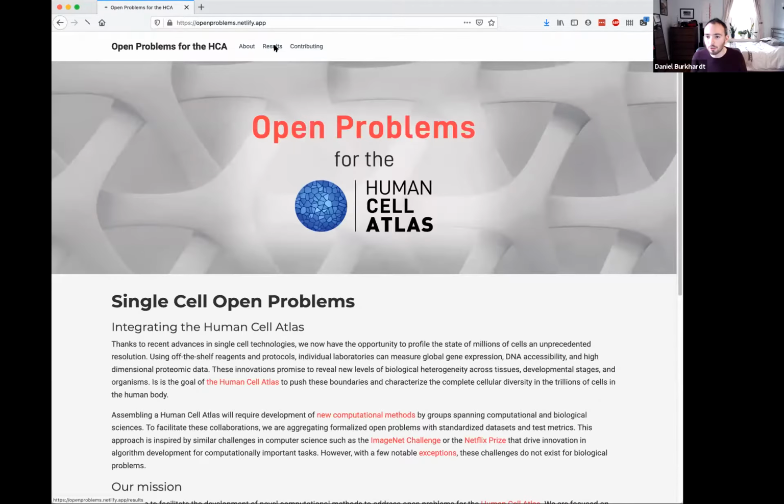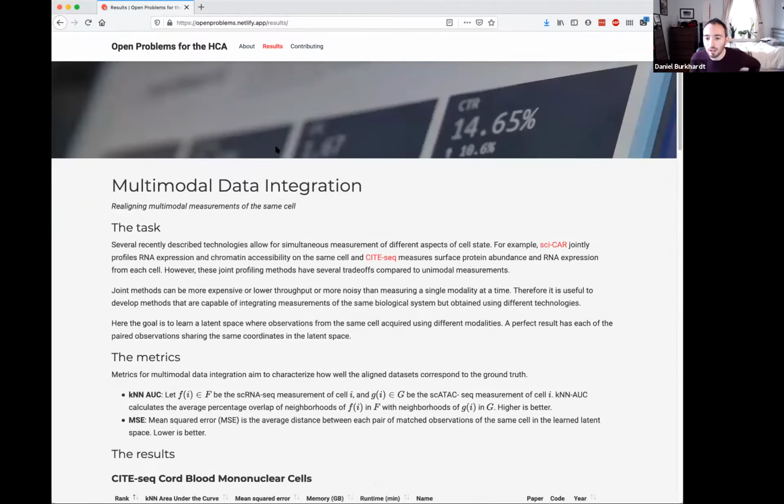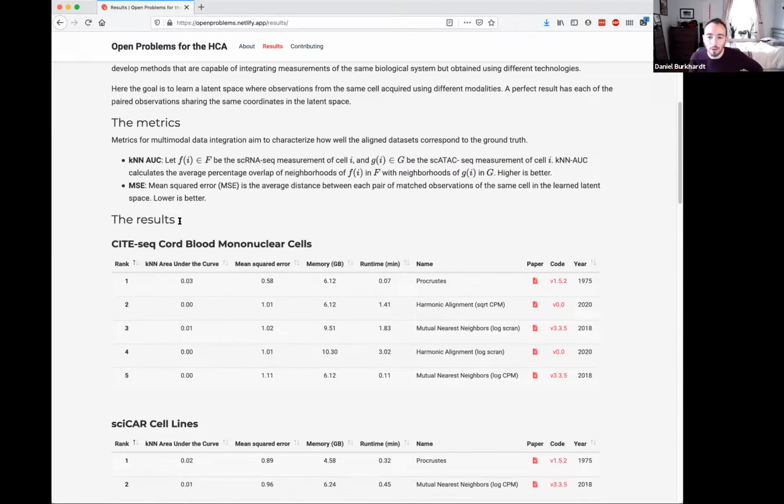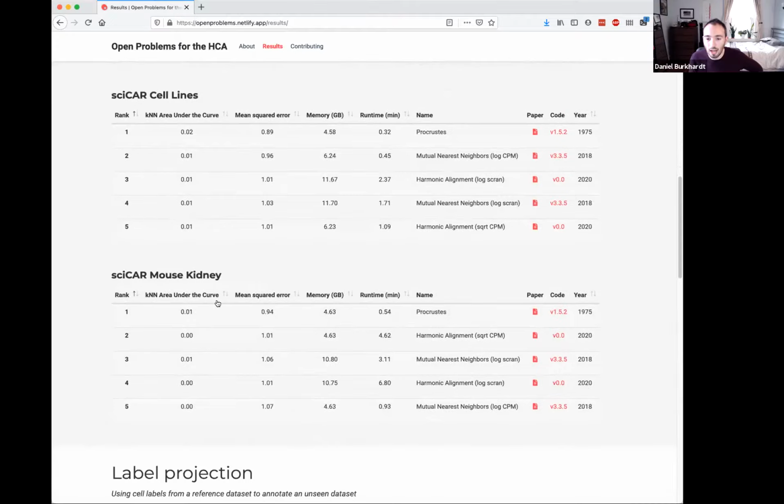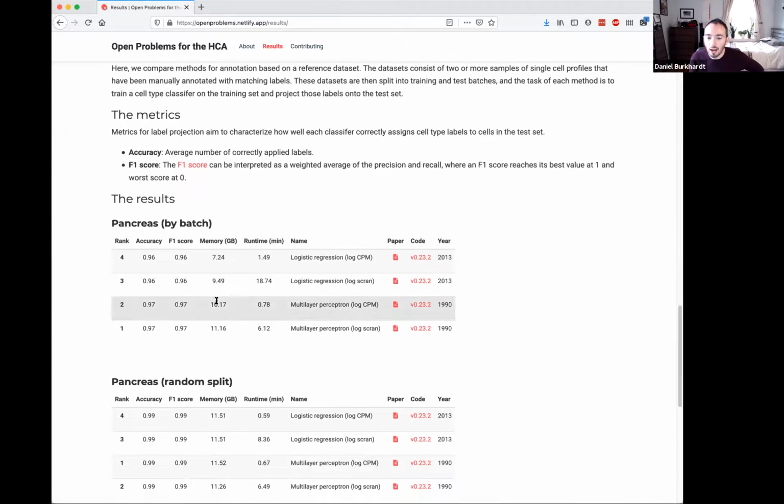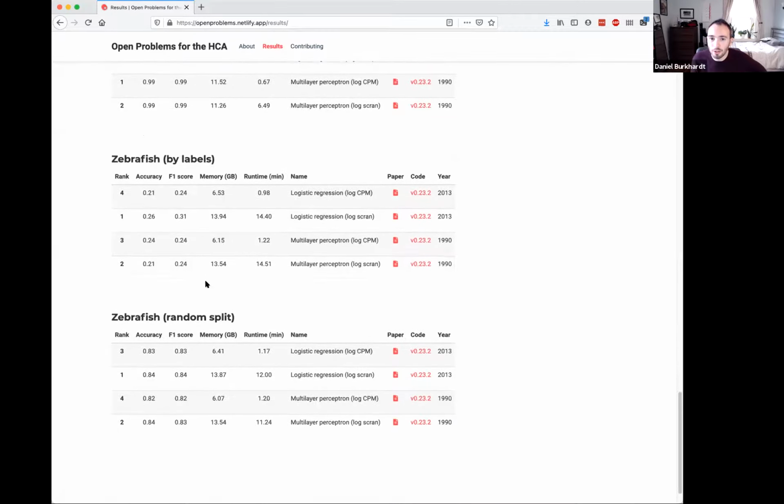It's not perfect. We're still in beta phase. We can create benchmarks that are updated based off of a GitHub repository, so you can have data sets that are available. If anyone is interested in learning more, please feel free to shoot me a message in the chat. Would love to talk more later.